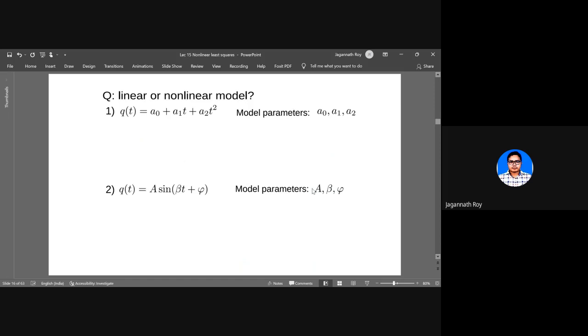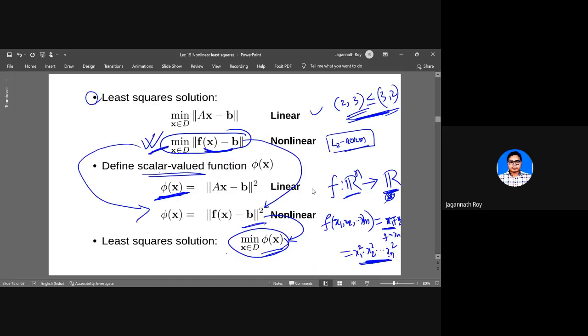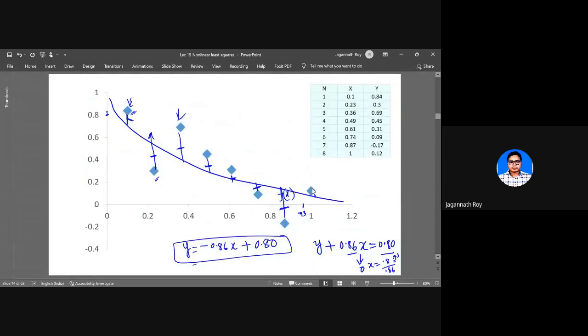So for example, if we have a quadratic form, this can also be a quadratic approach. A quadratic curve can also be like this.